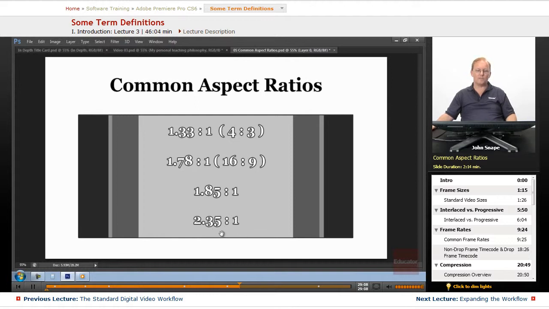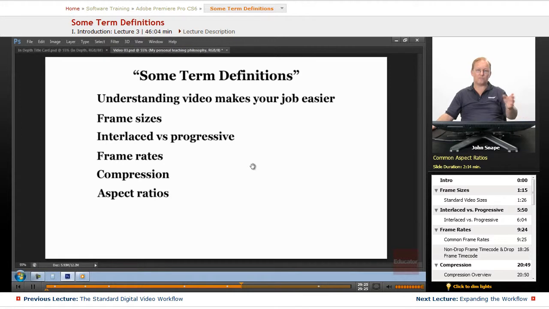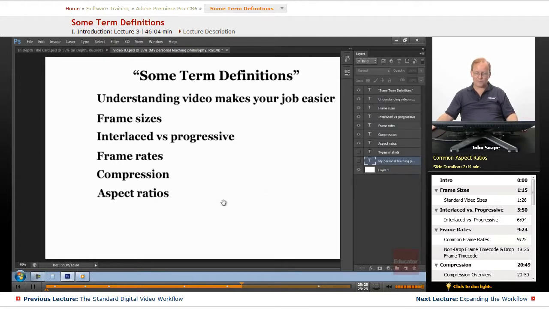And almost all movies are widescreen. They have a regular 2.35 to 1 aspect ratio. So here are the common aspect ratios. All of these slides will be available for you to download, and I will go over that later on. But those are your standard aspect ratios.